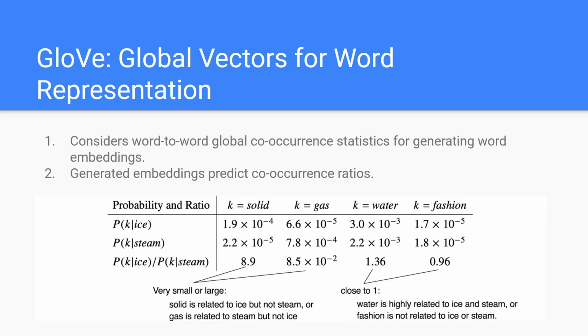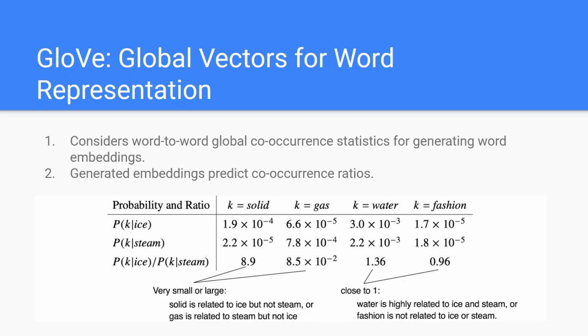Embeddings generated by GloVe predict co-occurrence ratios. That is, if the embeddings of ice and water are pretty close, it shows that ice and water must have occurred together a lot of times in a particular text.